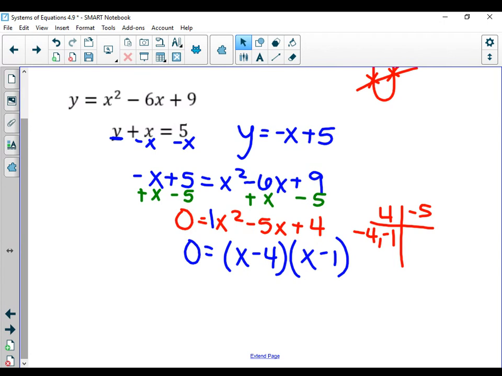What's left over? x minus 1. So if I want to factor one way every single time, I would do that. But if you notice, I did a lot more work to get the same exact answer, and that's only because my leading coefficient is 1. So if your leading coefficient is something other than 1, we're going to do that method over there.